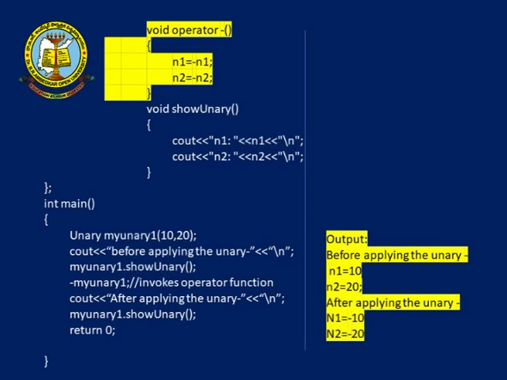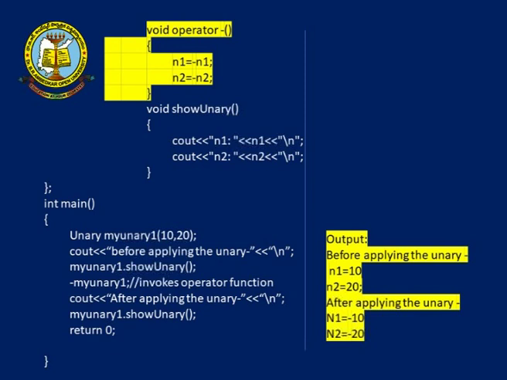Next, we are applying unary minus operator on my unary 1. So when you apply this minus operator on an object, it automatically invokes an operator function. The operator function is going to overload minus because we have written the code accordingly.